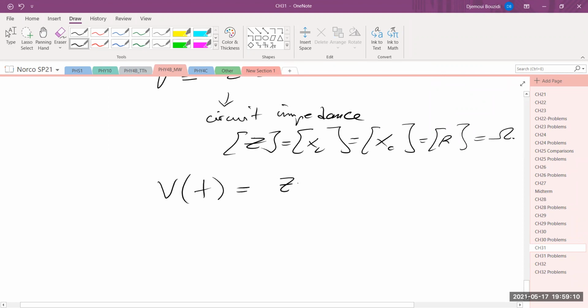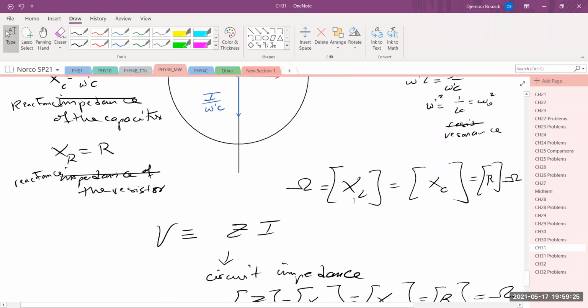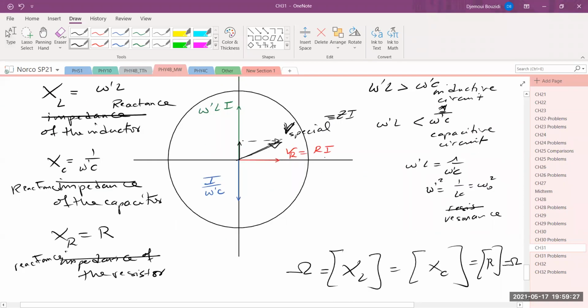It looks like it's the impedance times I times the sine of omega t plus phi, because I have to allow for how shifted it is. This is clearly not in sync with it. This is phi. For the green line, it's 90 degrees. For the other one, it's -90 degrees. For this one, it's this angle.